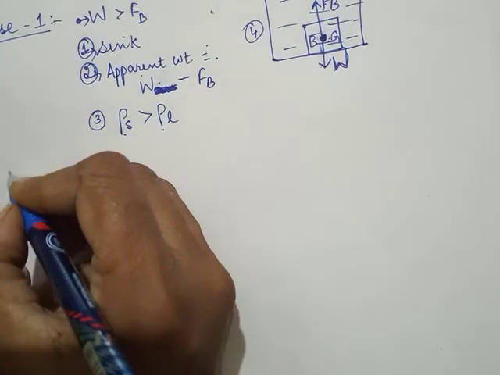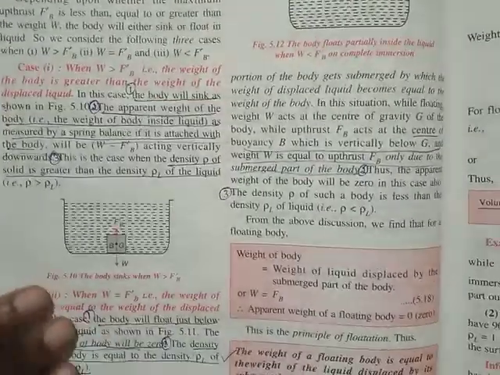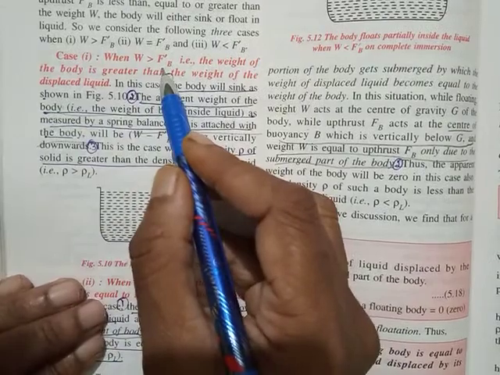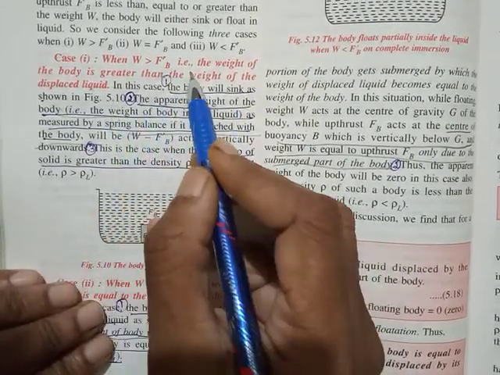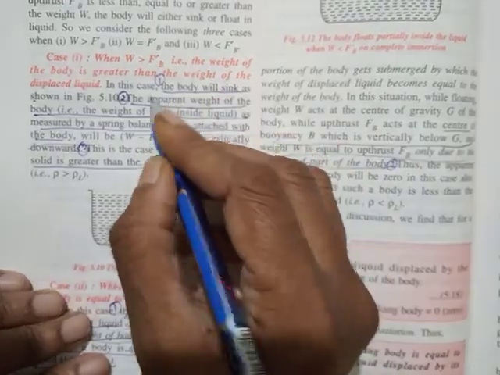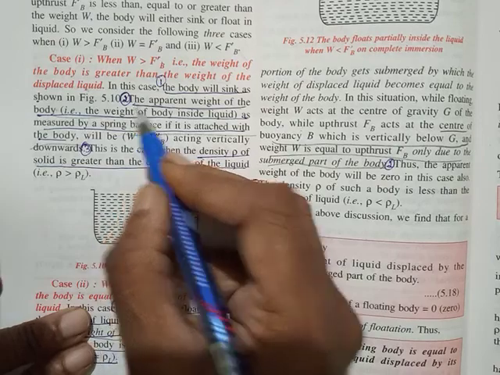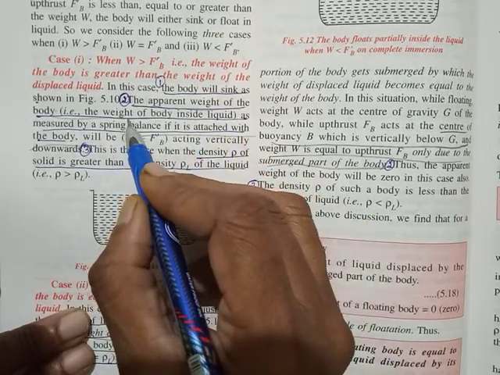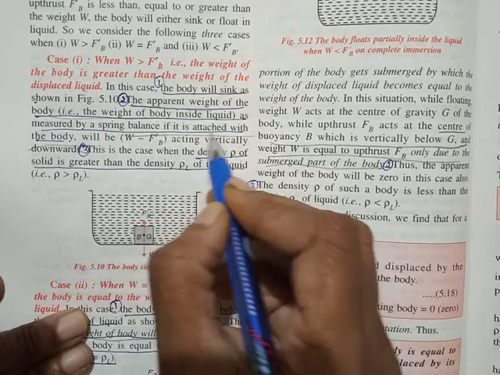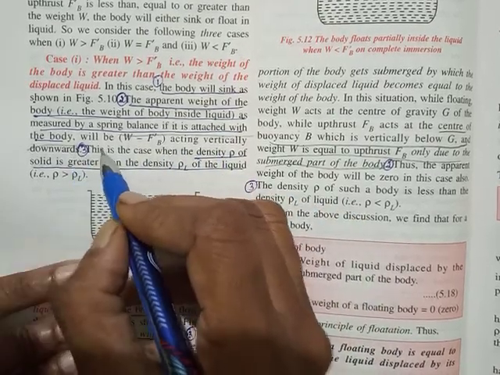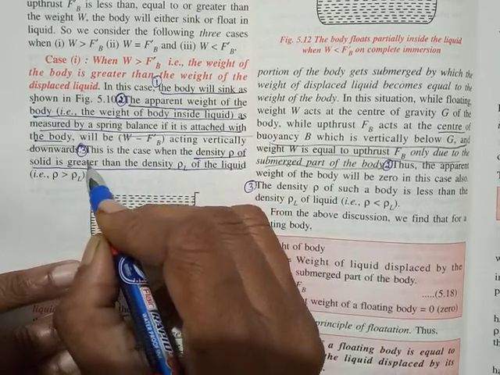Now, case 2. Let's underline first. Case 1, when W greater than FB dash. He has used one dash, but it's upthrust basically. In this case, body will sink. That's the first conclusion. Second one, apparent weight of the body, that is weight of the body inside liquid as measured by a spring balance, if it is attached with the body, will be W minus FB dash acting vertically downwards.